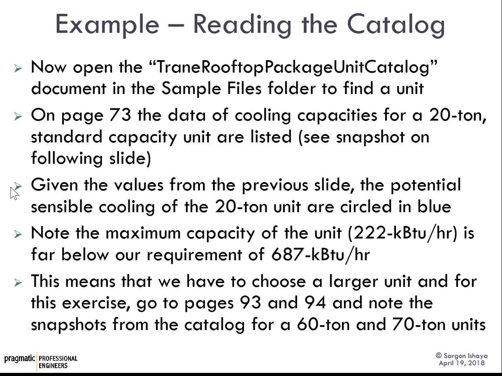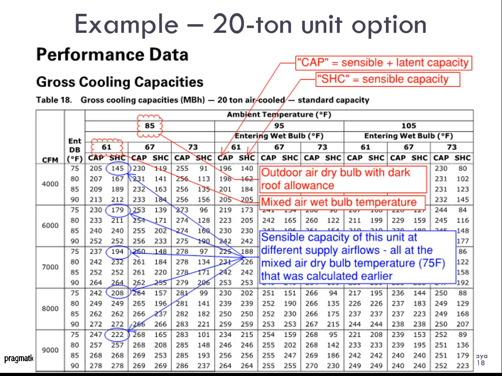In the previous slide, we determined that we needed 687,000 BTUs per hour of sensible capacity. And you'll notice on the following slide that the maximum capacity that the 20-ton unit can deliver in our conditions is 222,000 BTUs per hour, which is much, much lower than what we need. So let's jump over there.